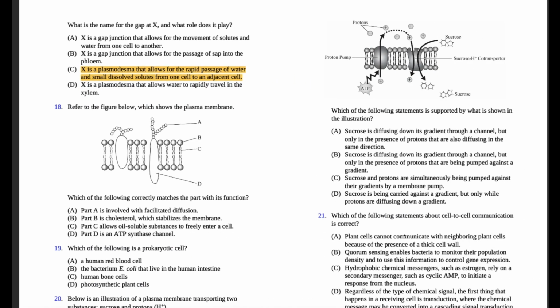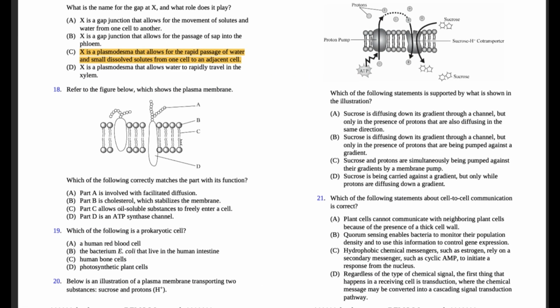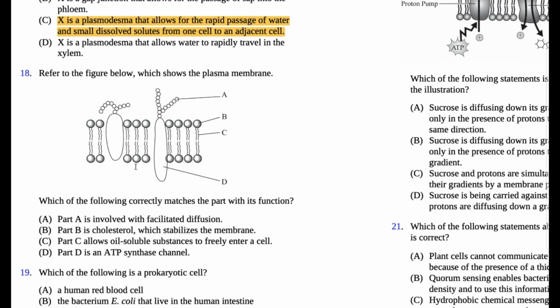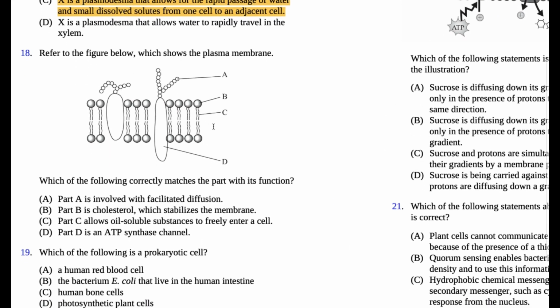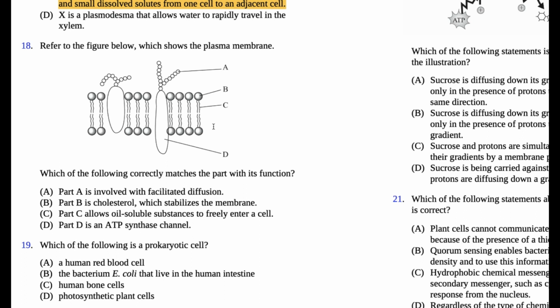Okay, that's it. Refer to the figure below, which shows the plasma membrane. Which of the following correctly matches the part with its function? A is involved in facilitated diffusion. That's not true, because facilitated diffusion will be through a protein channel, and A is actually something that looks like a receptor.